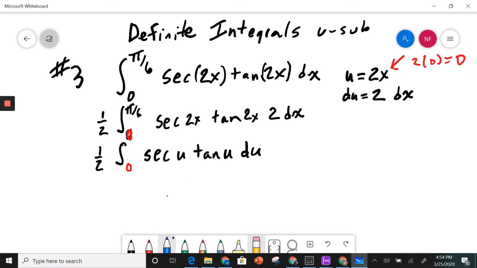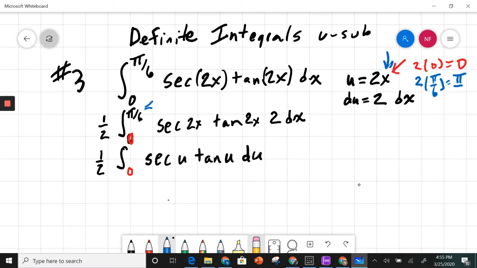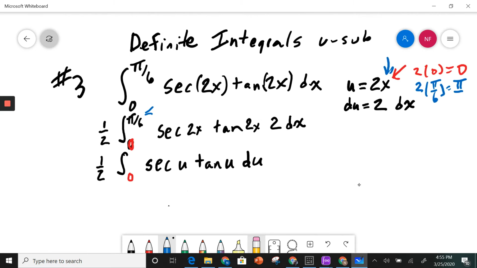All right. But this pi over 6 right here, that is going to get plugged in here. And that's going to give us 2 times pi over 6, which is going to give us pi over 3. So now our new upper bound is going to be pi over 3.